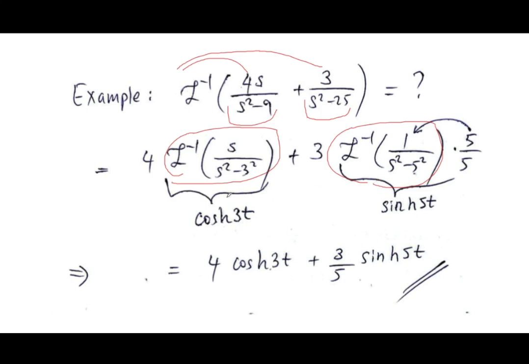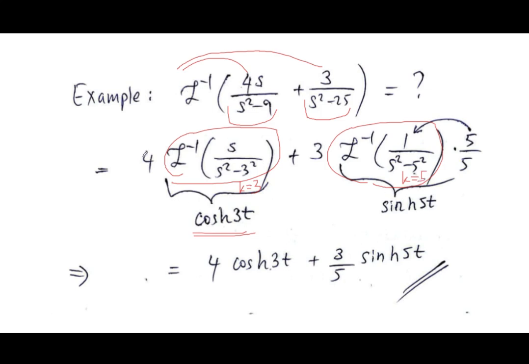But we have already mentioned in the previous slide that this expression here corresponds to the hyperbolic cosine function 3 times t. So this is the hyperbolic cosine function, and here this k corresponds to 3. And in this guy here, k corresponds to 5.